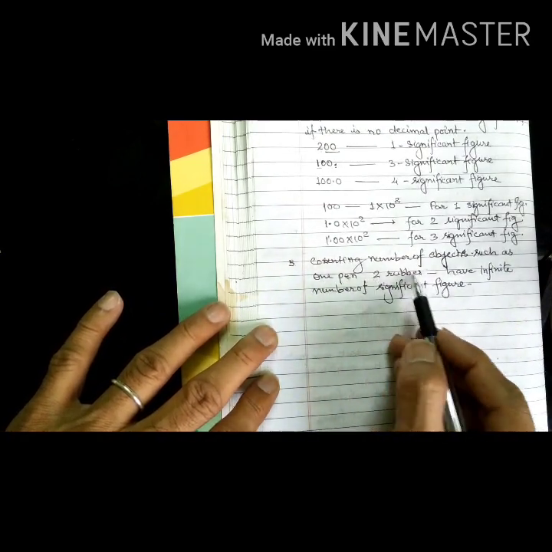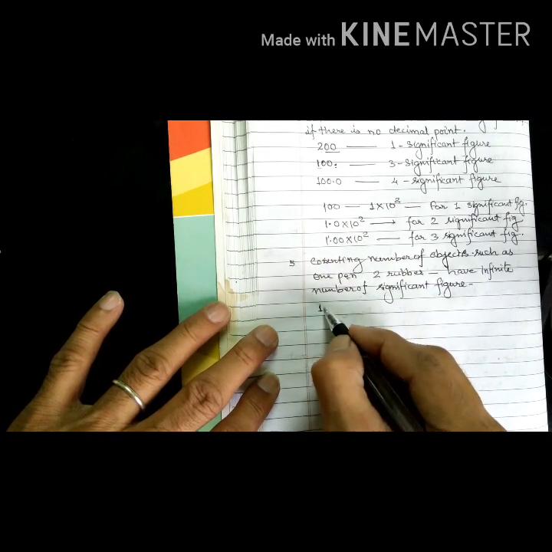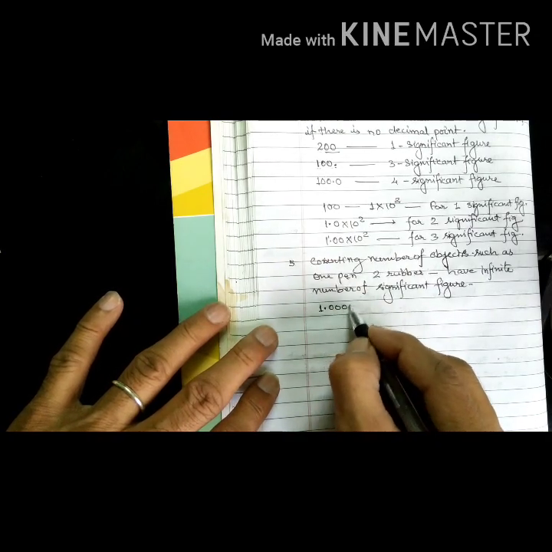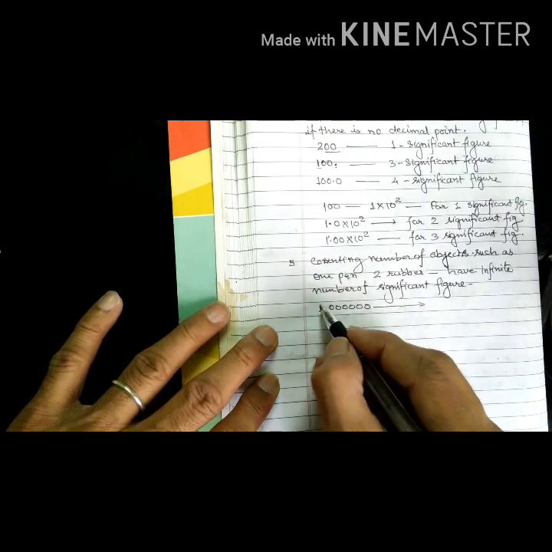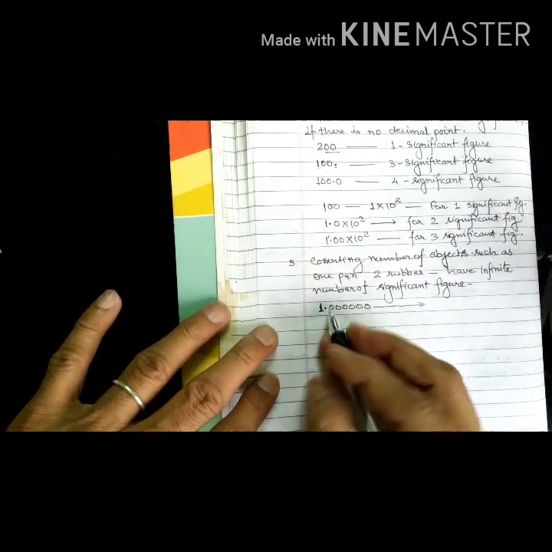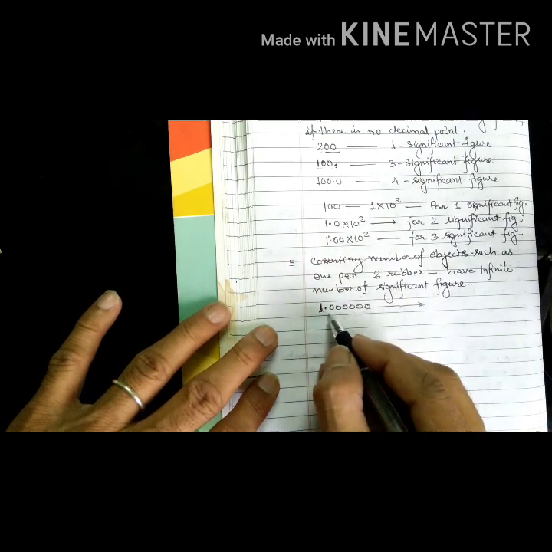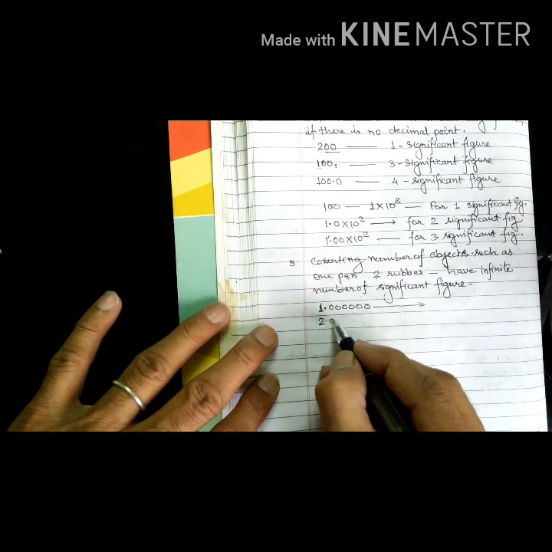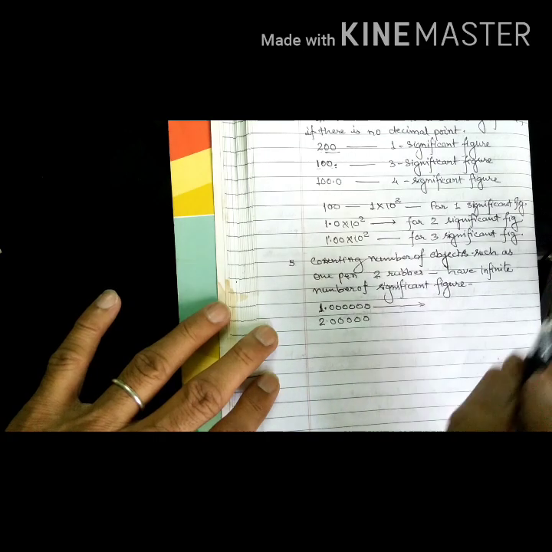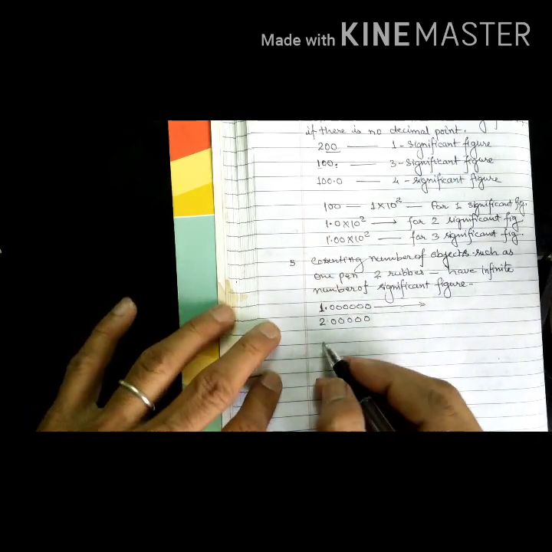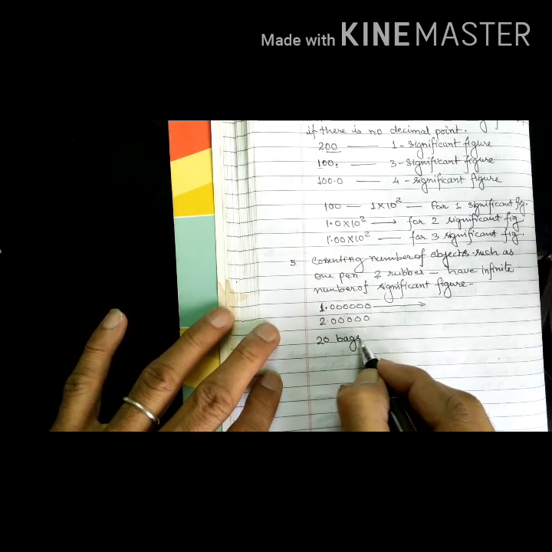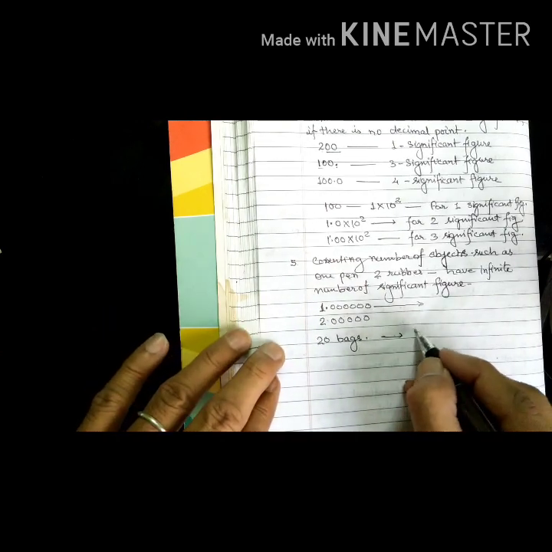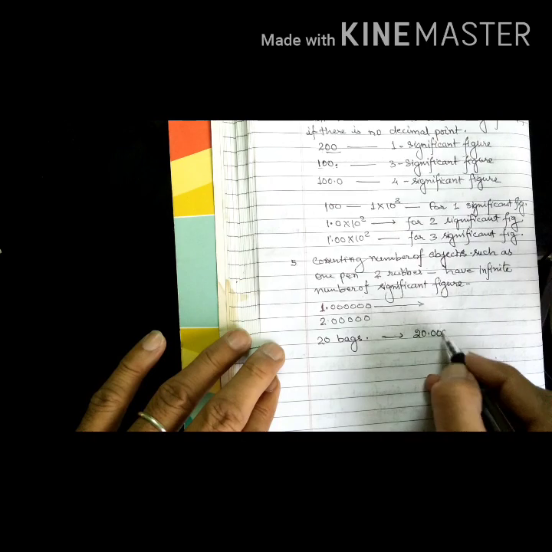So, one pen and two rubbers can easily be written as 1.00000000, that is, we can increase it infinite times, but 1 is only 1, right. Similarly, two rubbers, that is 2.000, whatever their number. Suppose you have taken 20 bags, so this can be written as 20.0000.